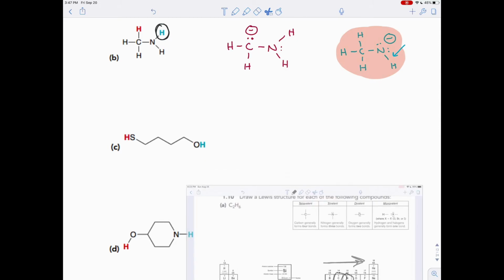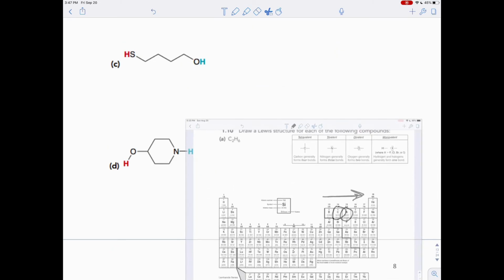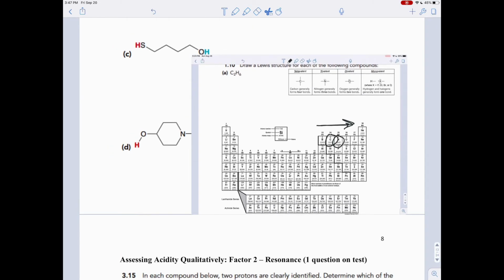Okay. If we look at C, we will notice that we have two atoms here. We've got a blue one and a red one. The blue hydrogen is on an oxygen. The red hydrogen is on a sulfur. So if we look at the periodic table for those two, we'll see oxygen and sulfur, those are in the same column.